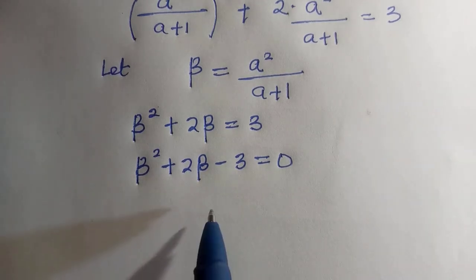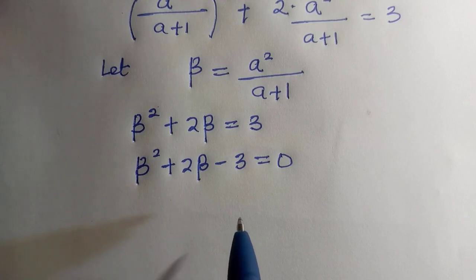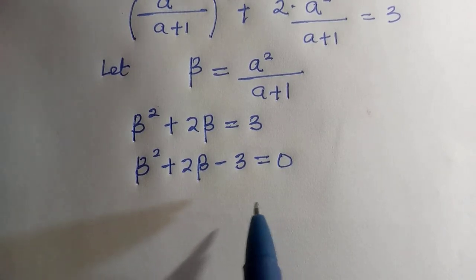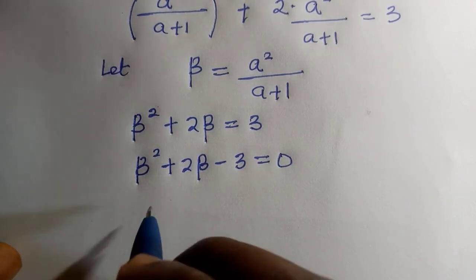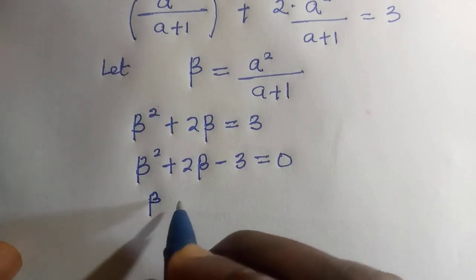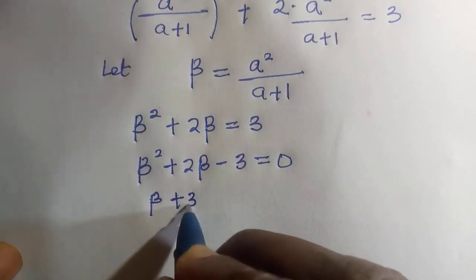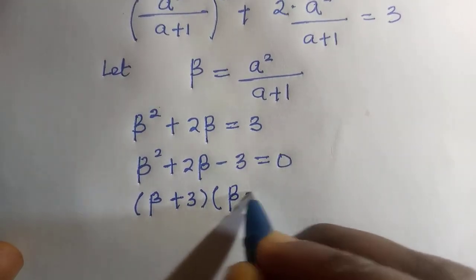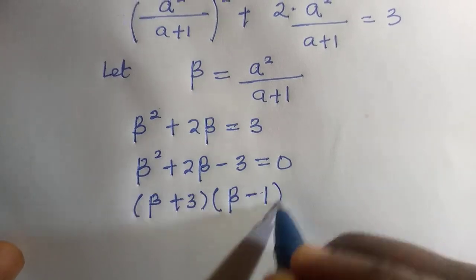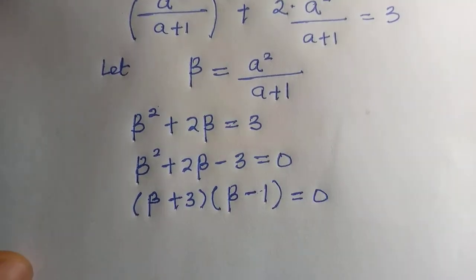We can just say 3 minus 1, it gives us 2, and 3 times minus 1 gives us minus 3, which means the factorization of this one gives us (beta plus 3) close bracket and open bracket (beta minus 1), everything equals 0.